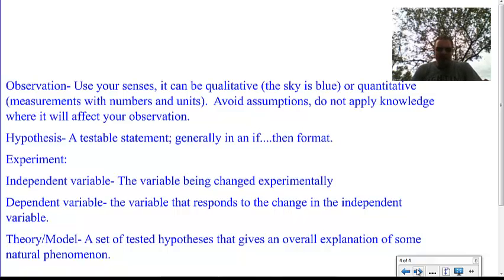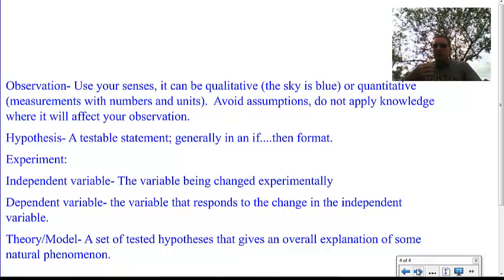Okay. And the last thing to mention there is just a theory. Sometimes you can use the term model. We will talk about the atom and atomic models and how they developed from Dalton up until the quantum mechanical model of today. All those are, after you've tested hypotheses a number of times, an overall explanation of a natural phenomenon.